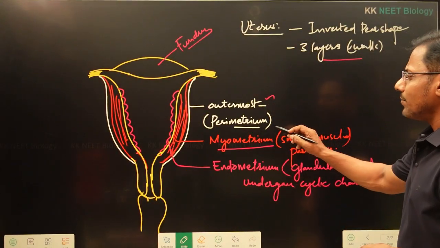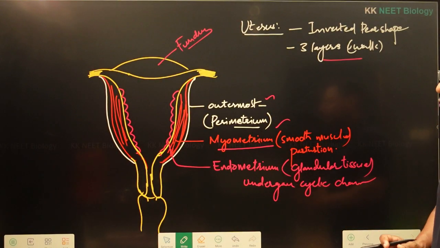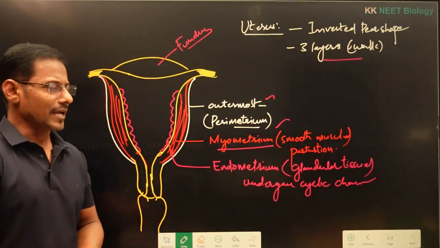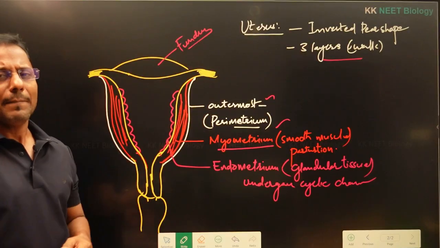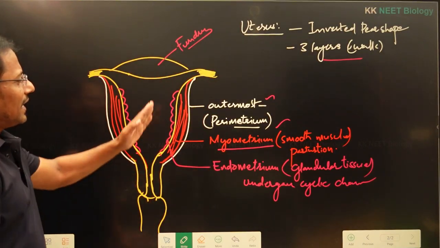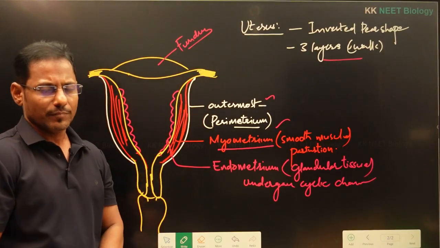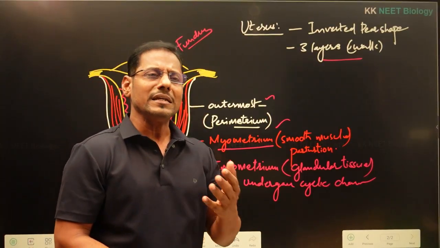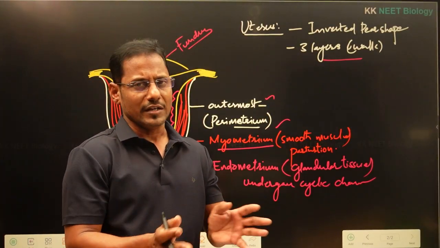Okay, right, this is the myometrium. So this is going to play a vital role at the time of delivery, or else we call it parturition. Delivery of the baby is known as parturition. And the innermost layer is known as endometrium. Endometrium, it's a glandular tissue. Generally, many cyclic changes occur in the endometrium in between the 28 days.